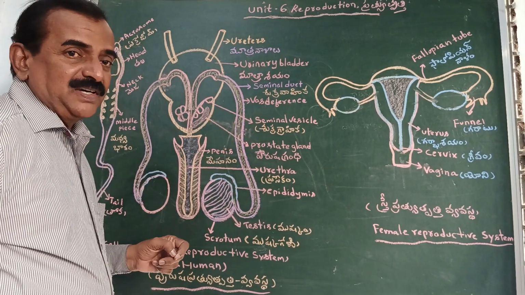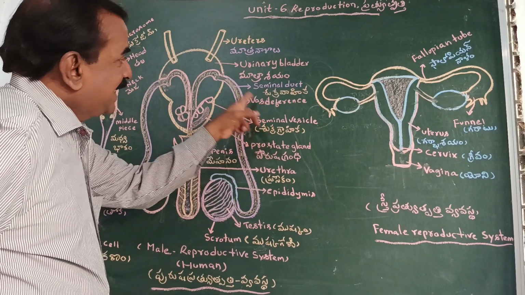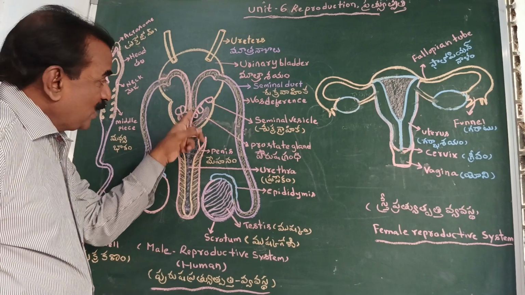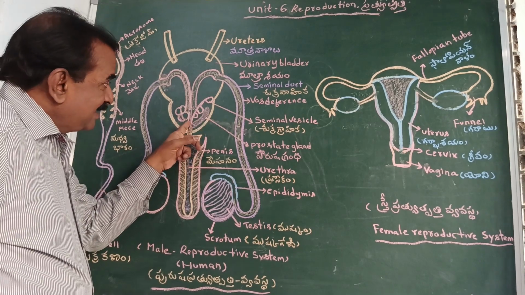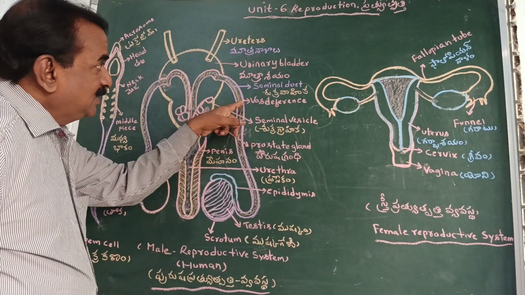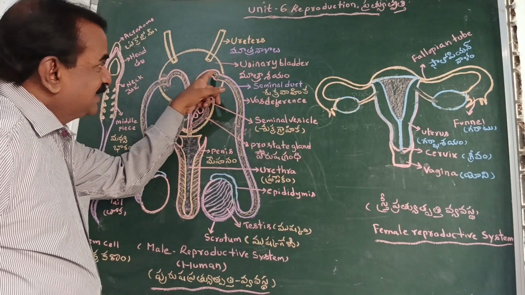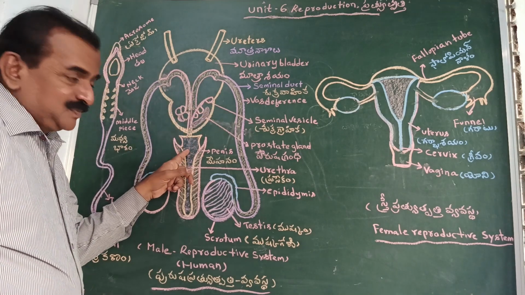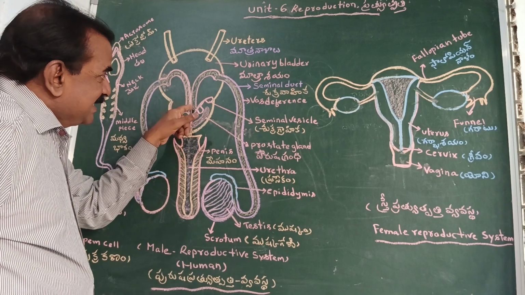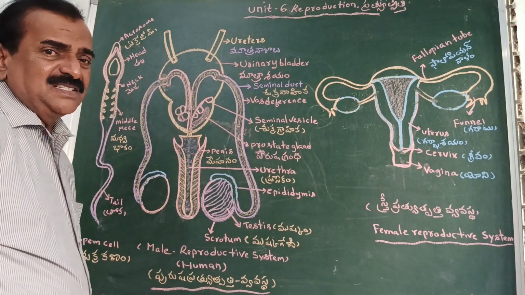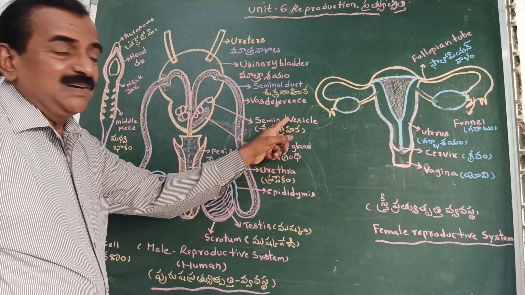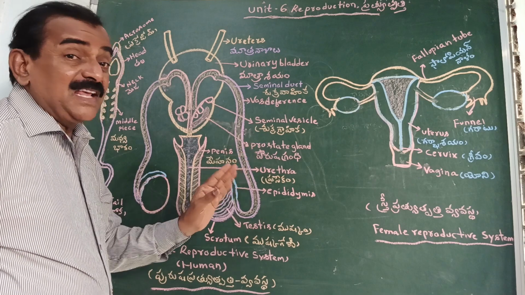Both vasa deferentia finally open into the urethra, and the urethra opens outside. In this passage we can also see the presence of a pair of seminal vesicles, and also a pair of Cowper's glands.